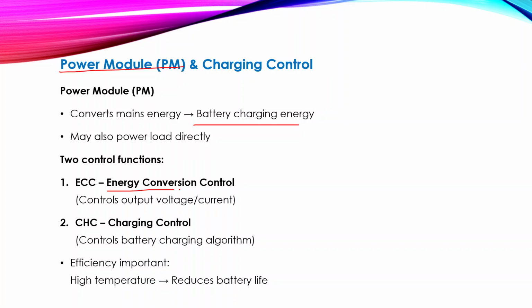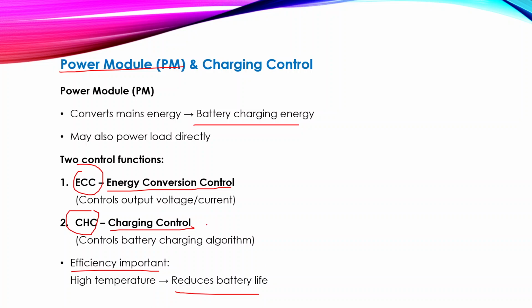The first one is energy conversion control, that is ECC. The second one is charging control, that is CHC. Energy conversion control regulates output voltage and current, and charging control determines how the battery is charged. Here I have mentioned efficiency is important, where high efficiency is essential because increased temperature reduces the battery life.